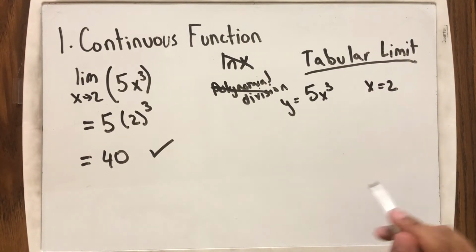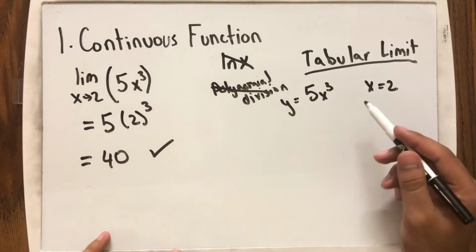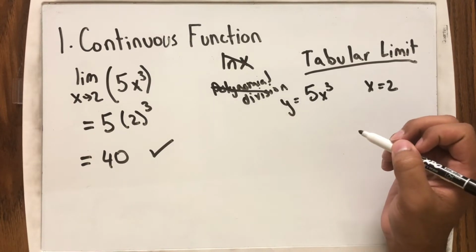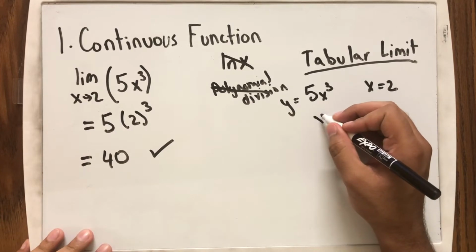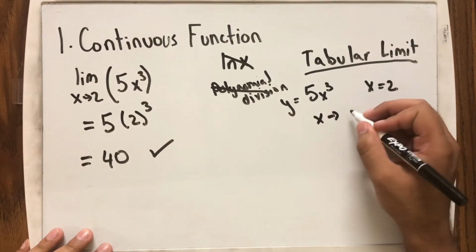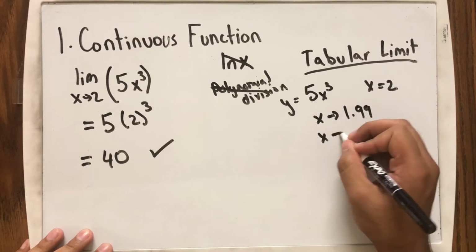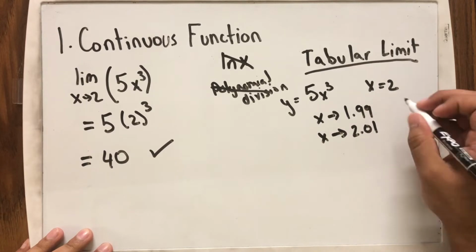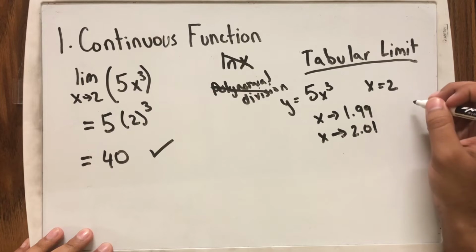Now, if we plug in this 2 into this equation with the jump discontinuity at x equals 2, we wouldn't get a y back. So we would have to use x when it approaches 1.99 and x when it approaches 2.01 to guess what y would be at 2.